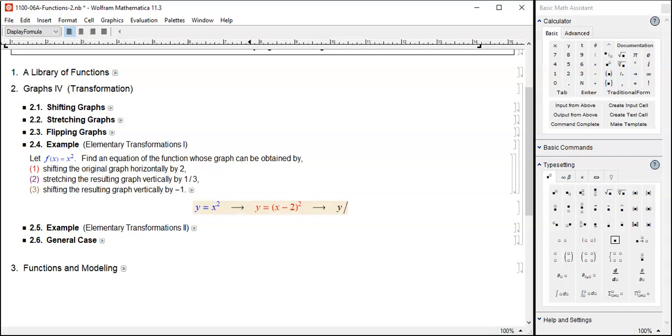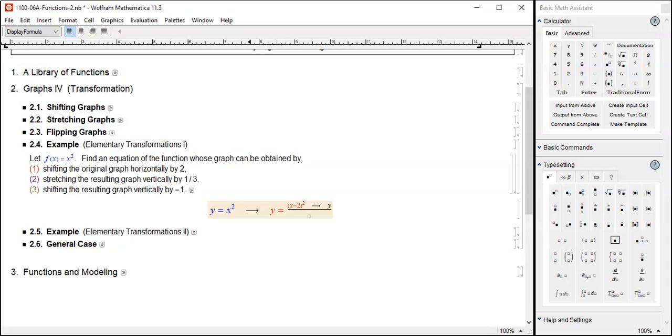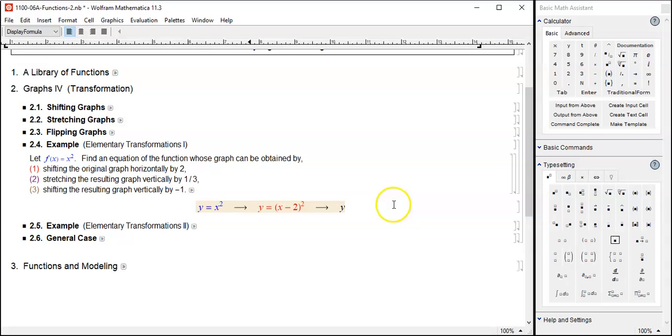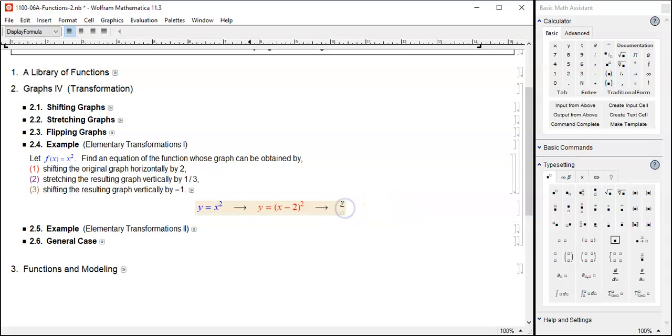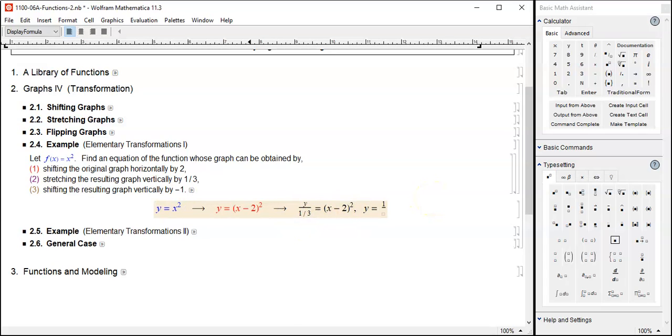So y over 1/3 equals x minus 2 squared. And of course, I can flip this to the other side. So y equals 1/3 times x minus 2 squared.